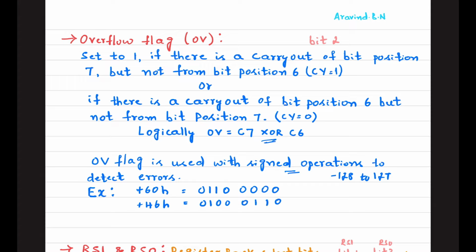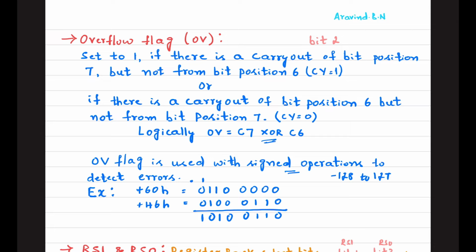Now let us add these two values. Here 0 plus 0 is 0, then 0 plus 1 is 1, 1 plus 1 is 0 with a carry generated, and then the addition of the next bit gives 1, so no carry is generated and I will write it as 0.